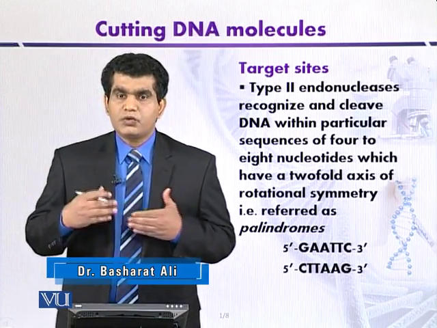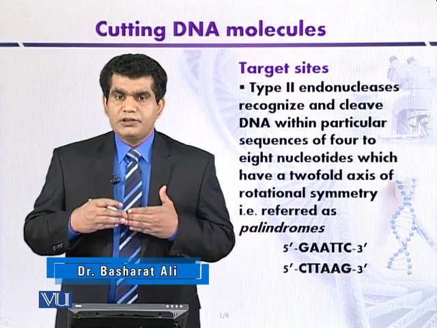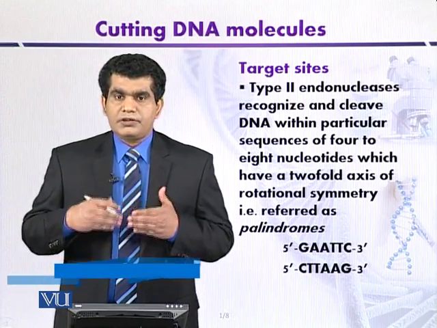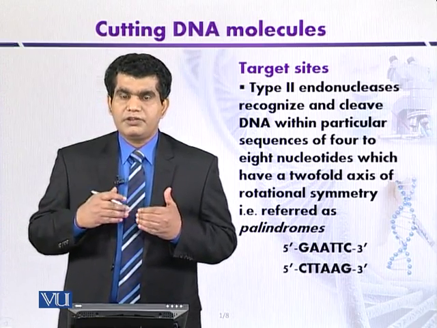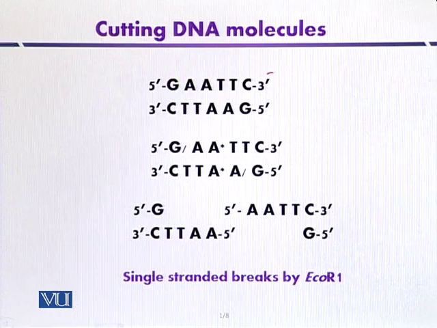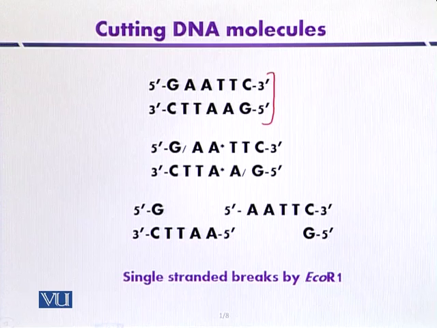Now what is a palindrome? Palindrome means words that are read similarly from the right or the left side. For example, here is the recognition sequence for the EcoR1 restriction enzyme. Which sequence can we call a palindrome? One that reads the same from 5' to 3' on either strand.